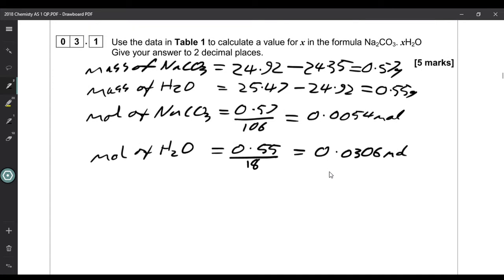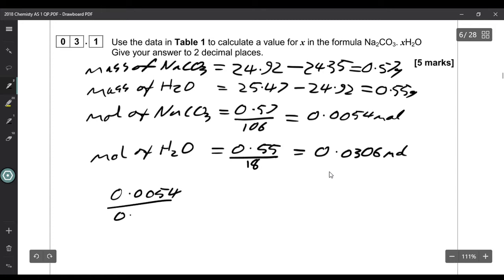So the next step is just finding the ratio of the number of molecules for each of those. So what we are going to do is divide by the smallest value, which in this case is 0.0054. So if we do 0.0054 divided by 0.0054, and that's going to be in ratio of the 0.0306 divided by 0.0054.